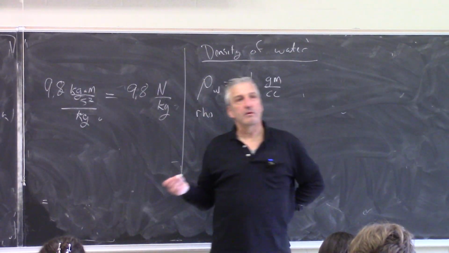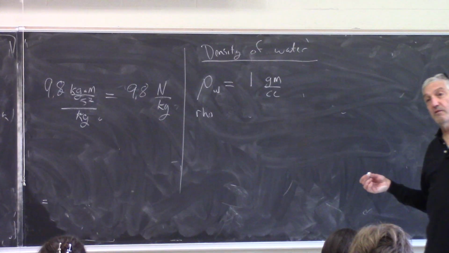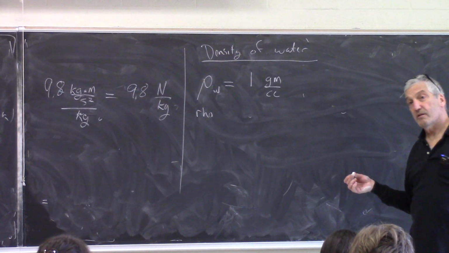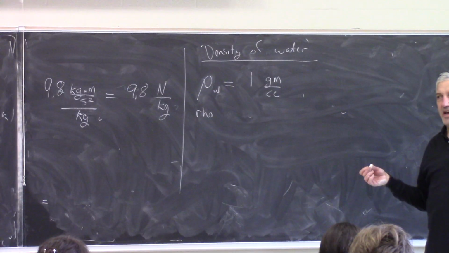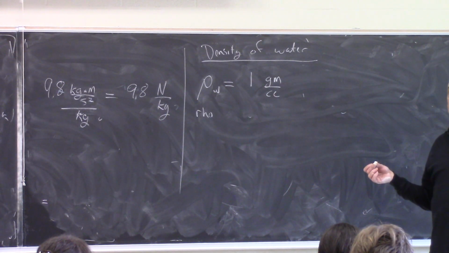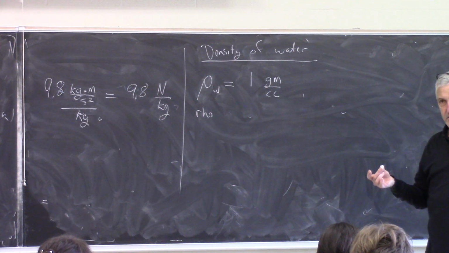Anybody know the slogan for the mass or weight of water in the English system? Okay, repeat after me. Ready? A pint's a pound the world around. Ready? A pint's a pound the world around. All right.